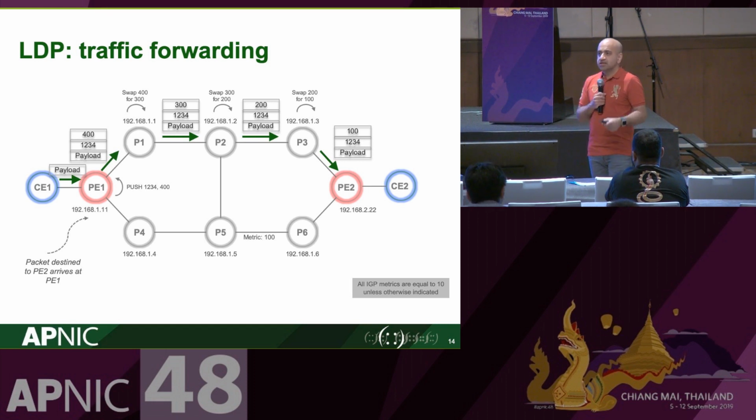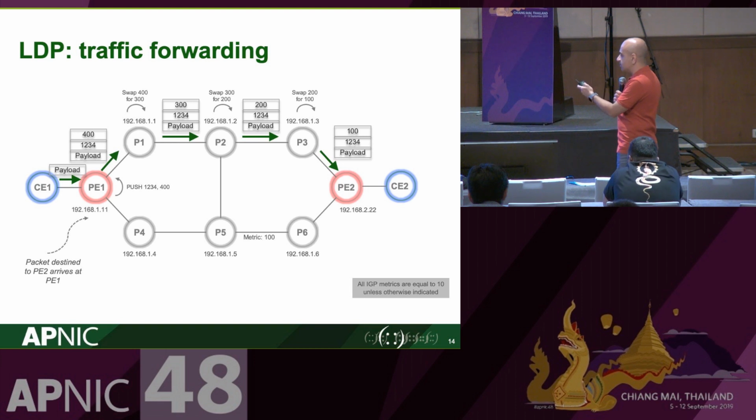Does it make sense? So for example, if you had 100 VPNs on PE2, they would all have a different label, a different service label. So this is the way it distinguishes between the different VPNs that are on that PE2. For all of those VPNs, you would still use the same label on top.